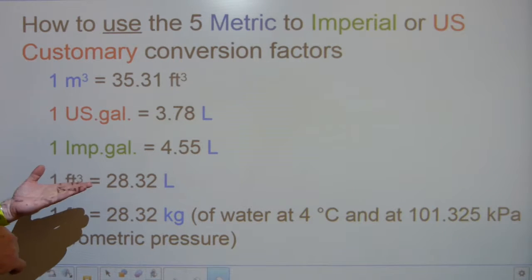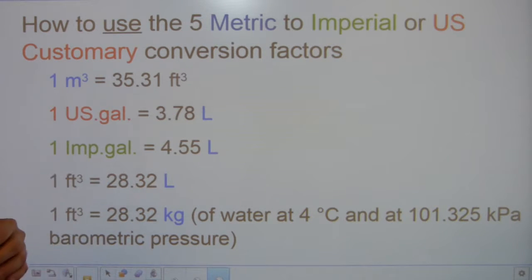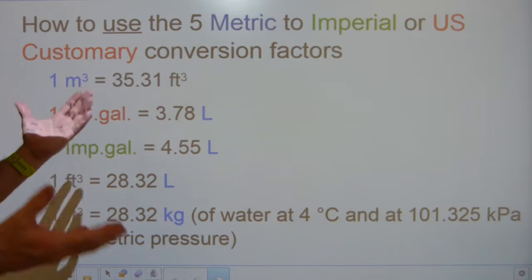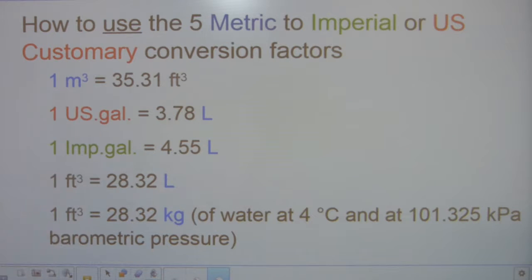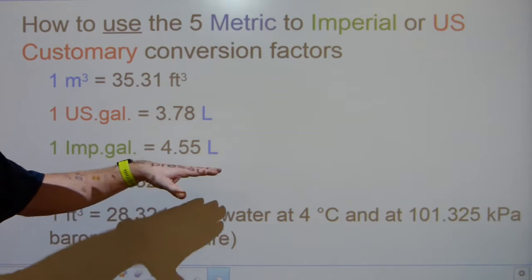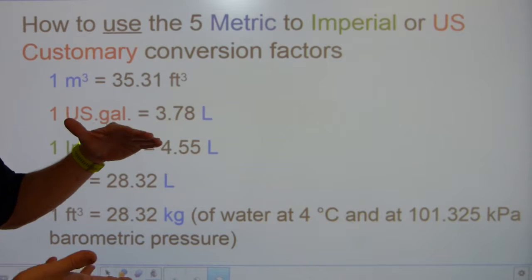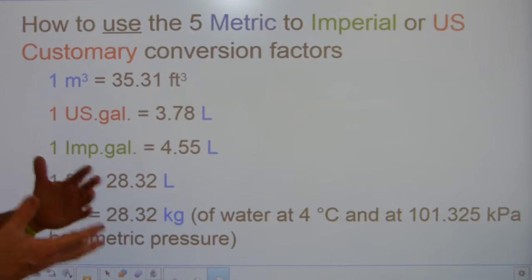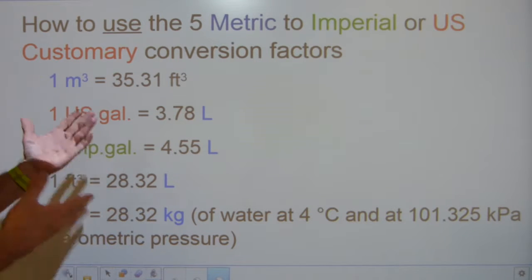That is, if you start with a barrel of milk, that barrel of milk does not change. It will remain a barrel of milk. It can be measured in imperial gallons. It can be measured in liters. The same barrel of milk can be measured in US gallons. It will remain the same barrel of milk.